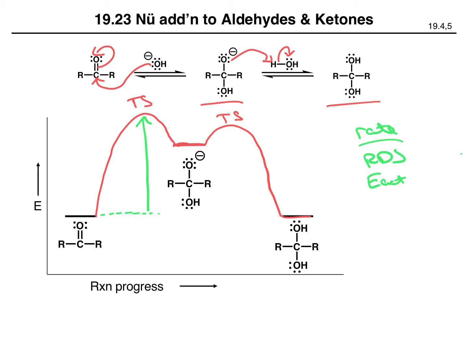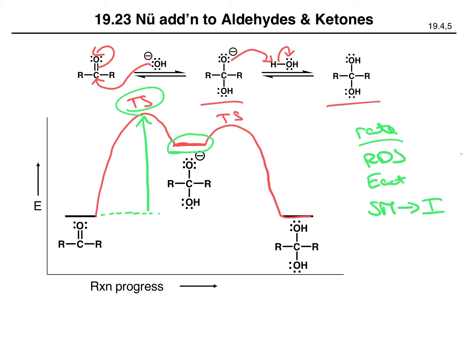But because we can't always get information on our transition state, it is helpful to get information on the intermediate, because we know that the transition state will be similar in energy to the intermediate. So for the rate of the reaction, we want to focus on the starting material going to the intermediate.